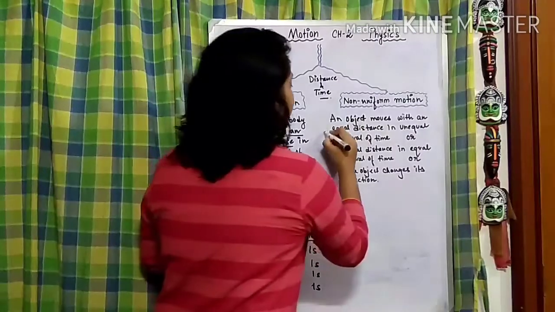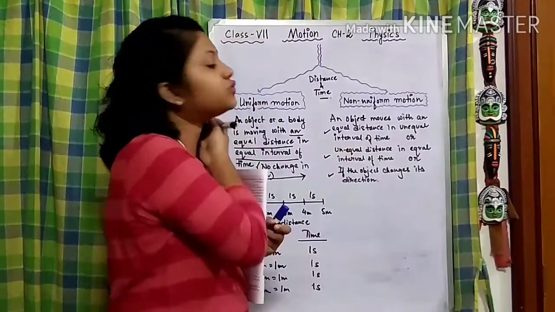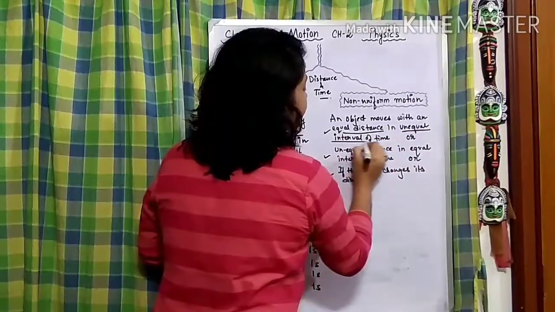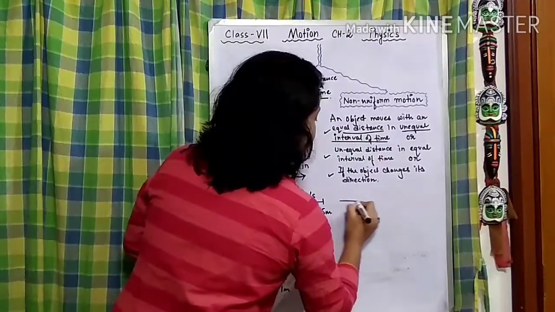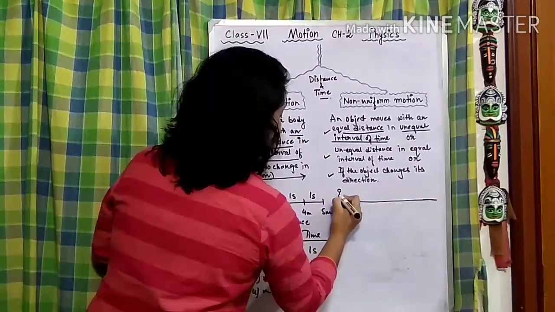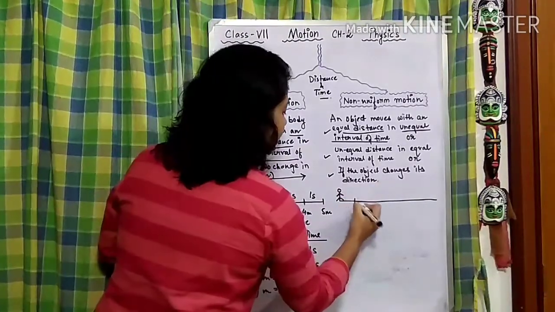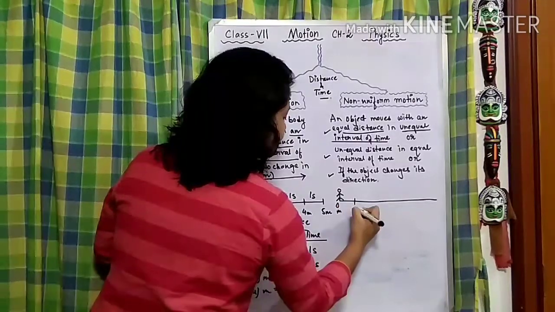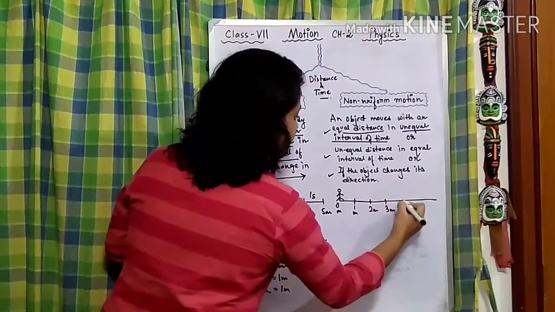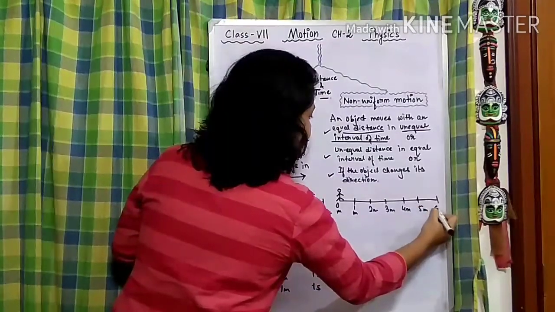Now, how can we explain these three conditions? First one is equal distance in unequal interval of time. Let's take another example. Here the person is standing. He will start moving from 0 meter, 1, 2, 3, 4, 5 and 6.